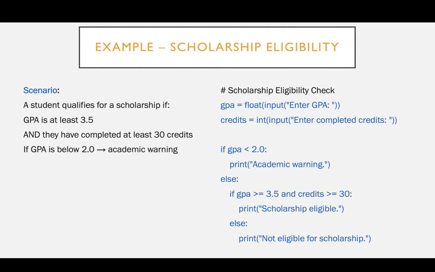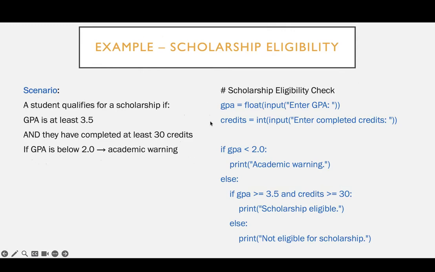All right, so let's combine everything together and work on a simple scenario. A student qualifies for a scholarship if the student's GPA is at least 3.5 and they have completed at least 30 credit units. And if GPA is below 2.0, we're going to give an academic warning.